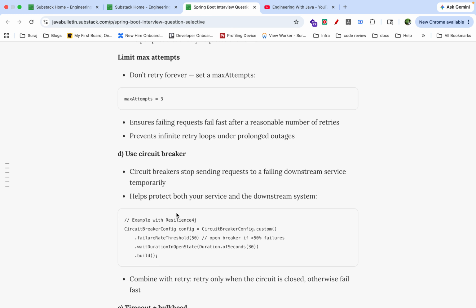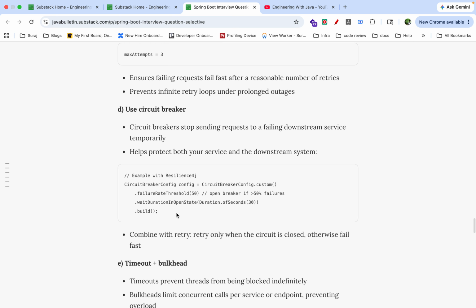So in that case, we should just make the circuit open, and it's going to fail fast, and it's not going to hit the downstream system. And then whenever we find out that the rate has recovered, we make the circuit close, and then we eventually end up making requests on the downstream system.